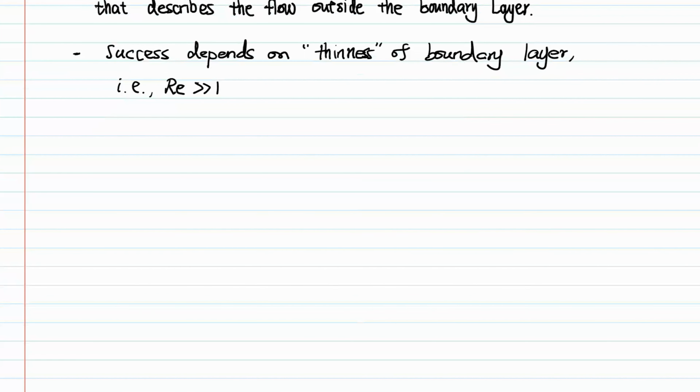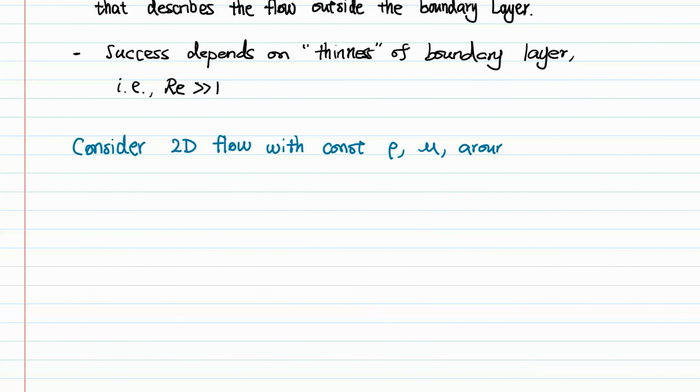So first we will consider a 2D flow, two-dimensional flow. And just for simplicity, let's say that it has constant density, constant viscosity, and it's going to flow around a submerged object.